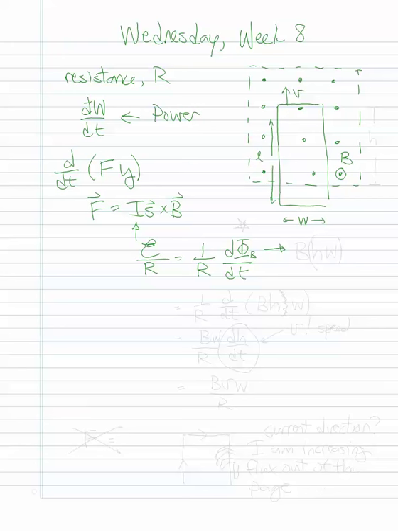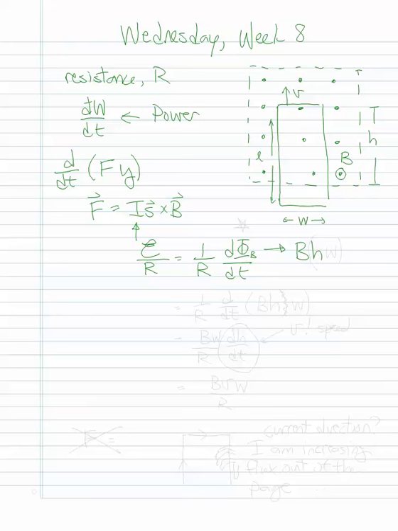induced EMF is due to that changing flux. And so the flux is, say, B times the amount of wire that's located within the field. So we could call this some distance here, say, let's call it h.